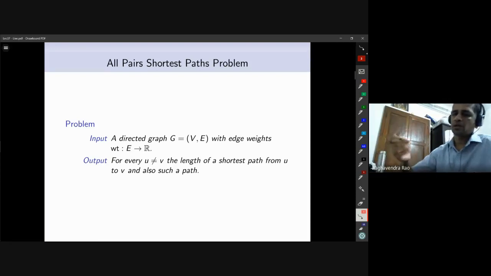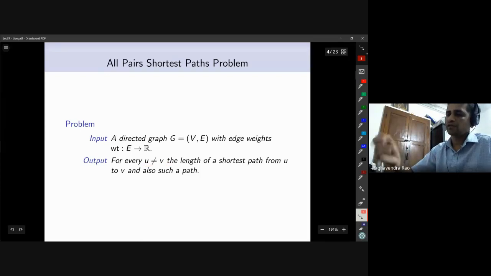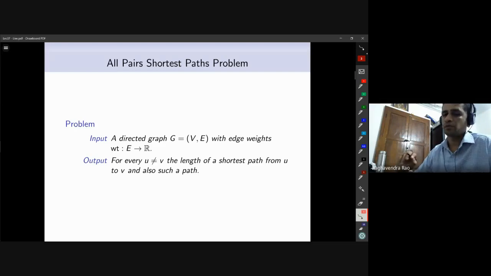Again, the context is the same: we have a directed graph with edge weights. What we want is, for every pair U, V, the length of a shortest path from U to V, and also such a path.